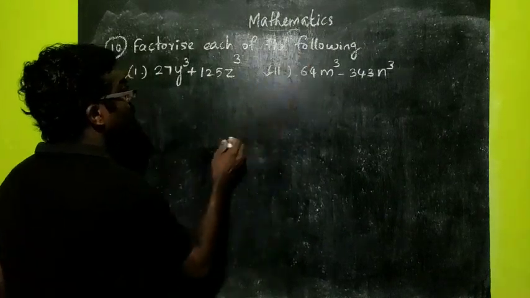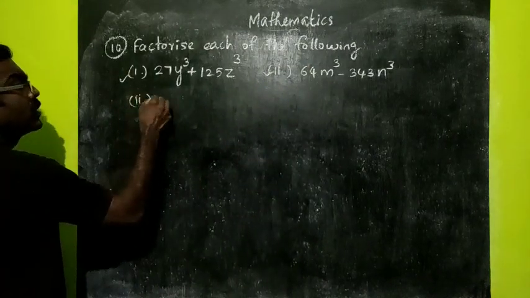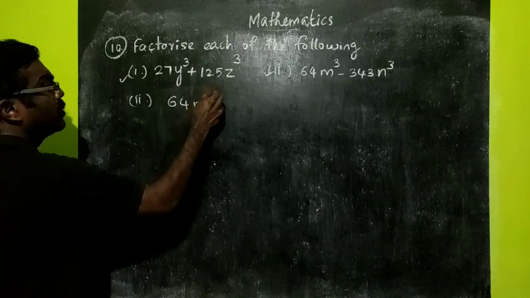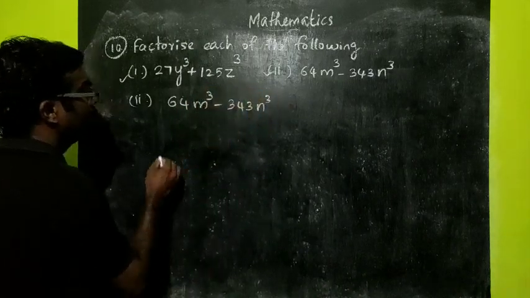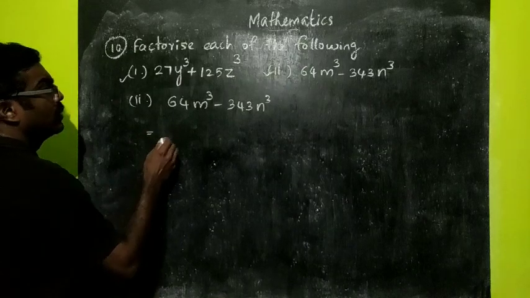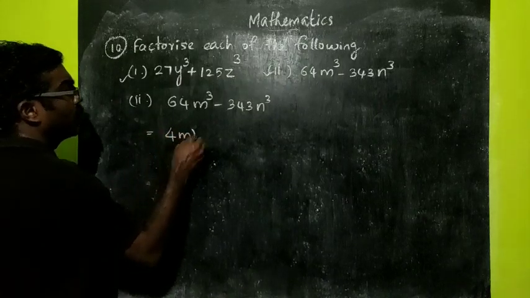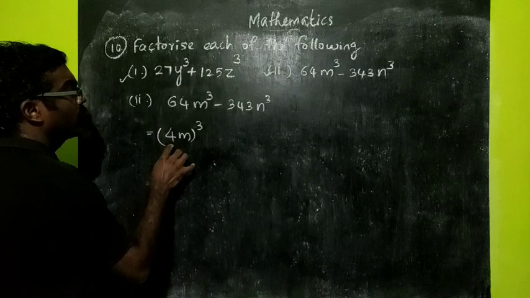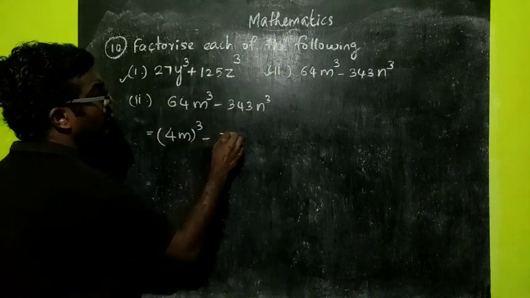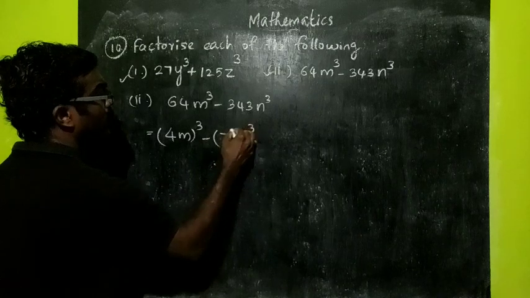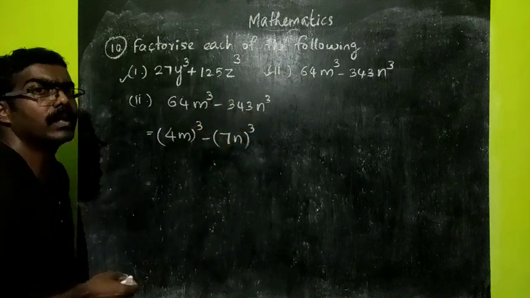Now the second one is 64m cube minus 343n cube. This can be written as 4m the whole cube, since 4 cube is 64, minus 7n the whole cube, because 7 cube is 343.